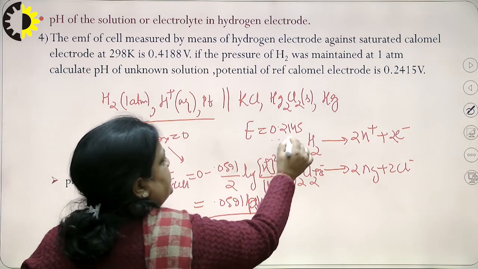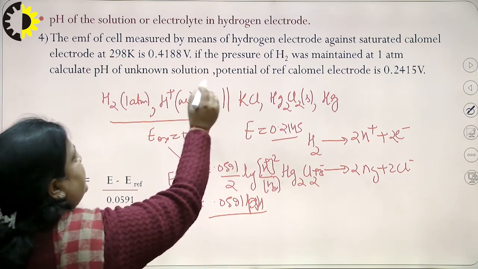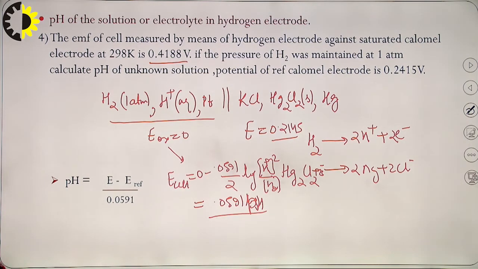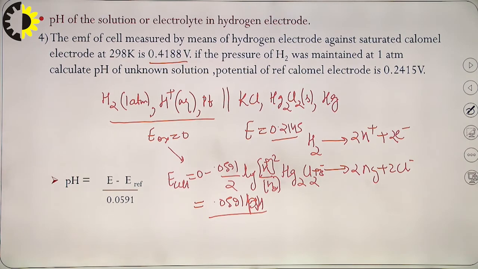E cathode is 0.2415, E anode is this, and E cell is equal to 0.4188. So, the pH will be E minus E reference, that is E cathode, divided by 0.0591.